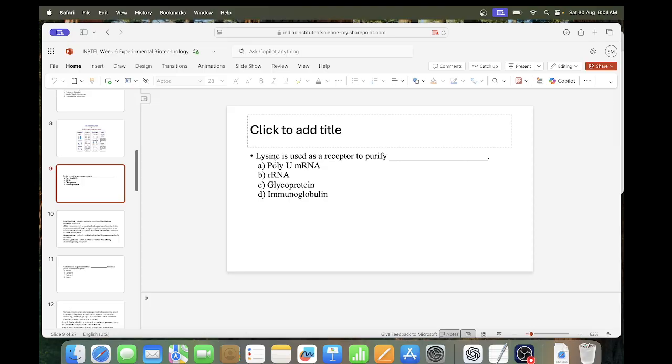Glycoproteins are proteins with carbohydrates attached at particular sites, and immunoglobulins are your antibodies. So you can think in these aspects and try to justify why lysine, which is a positively charged amino acid, can be used as a receptor for one or more of these. You can think about this question for a couple of minutes and then we'll discuss this.